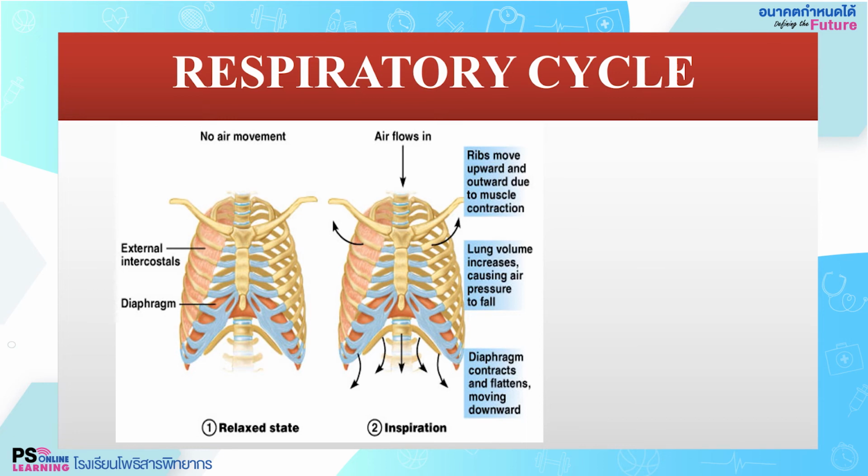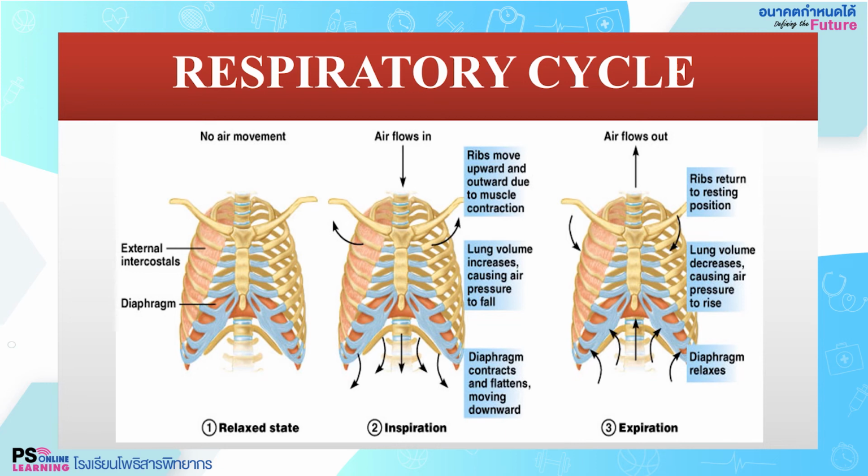And this is the expiration. When the air flows out, the ribs return to resting position. The lung volume decreases, causing air pressure to rise, and the diaphragm relaxes. So this is the respiratory cycle.